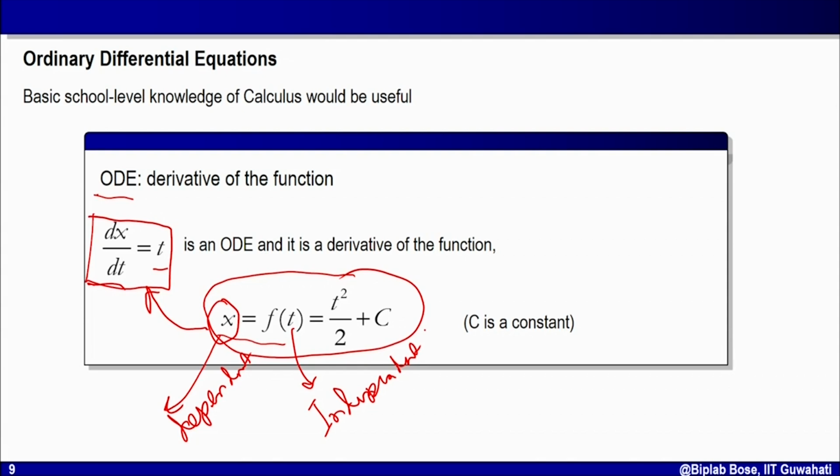So we have a dependent variable x and an independent variable t, and together we have an ODE, dx/dt equal to t, that is the derivative of the function x equal to t square by 2 plus c.